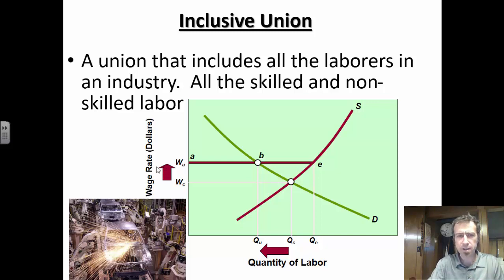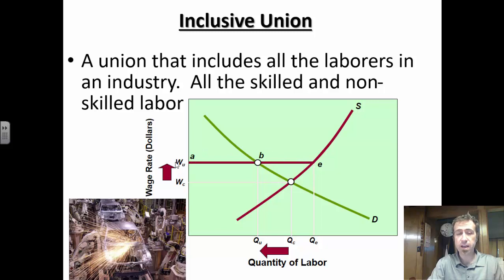And if they do that, they go from, again, the competitive wage market to a higher wage. But this time, in a sense, our supply curve, even though technically it's down here, basically ends up being a price floor for a moment. And so it intersects the demand curve here. So there is what we call a surplus of workers who are willing to work but can't because of the union wage.